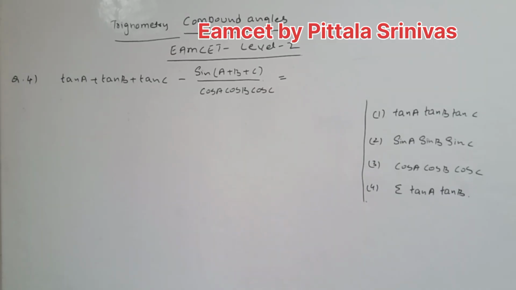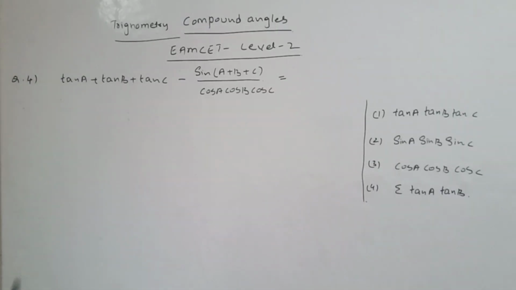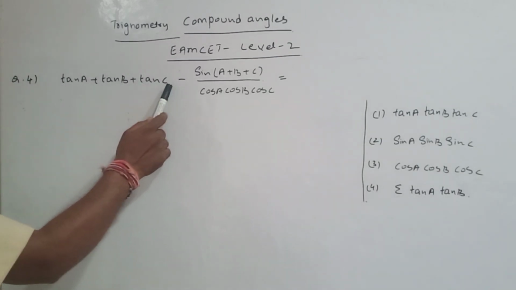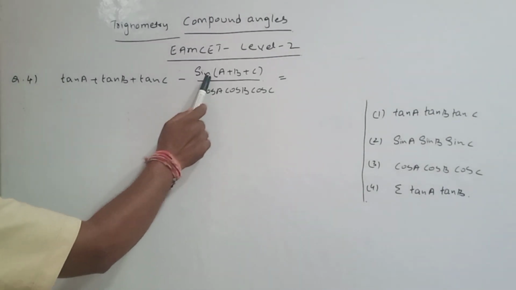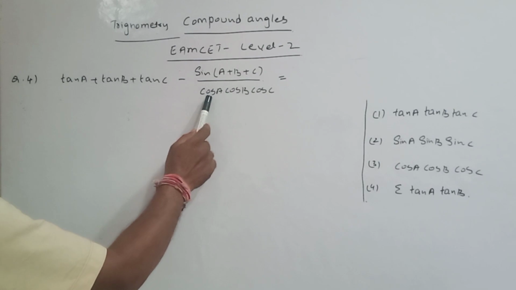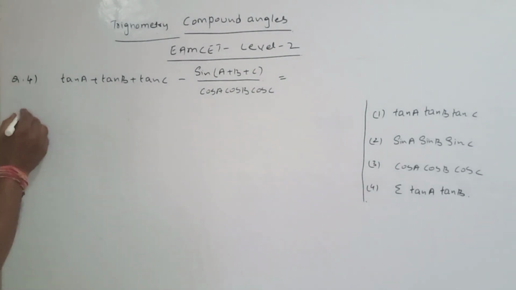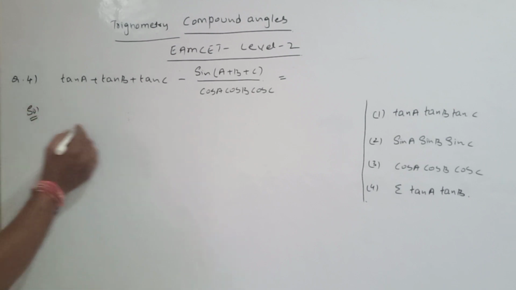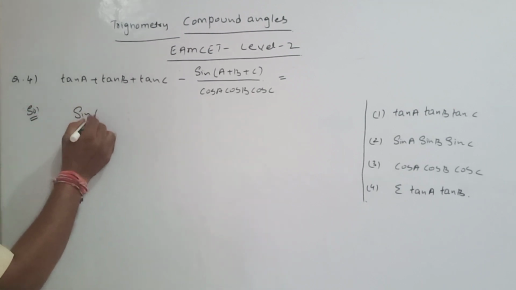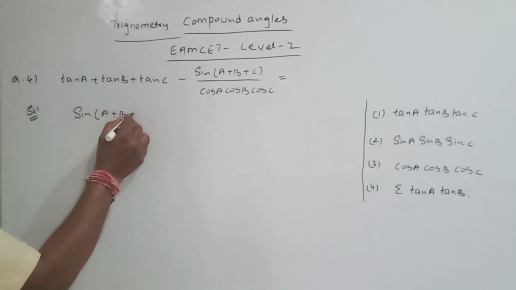Dear viewers, we have the problem tan A plus tan B plus tan C minus sin of A plus B plus C by cos A cos B cos C is equal to. So here you see, all of you, what is sin of A plus B plus C?